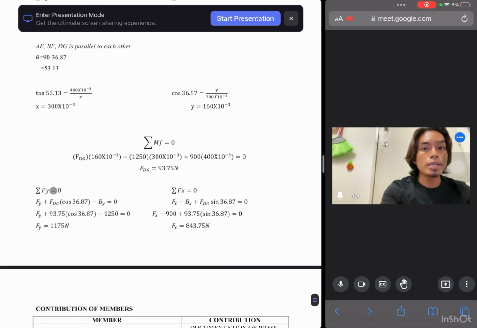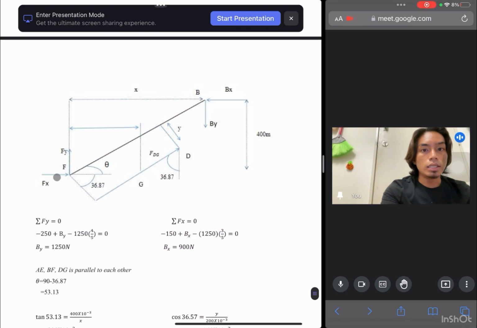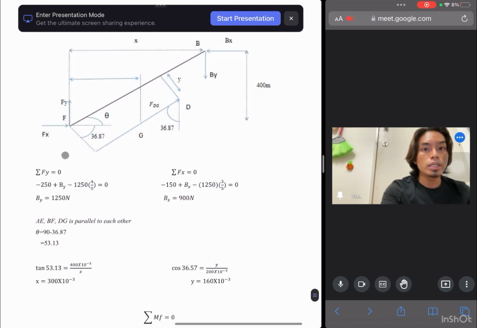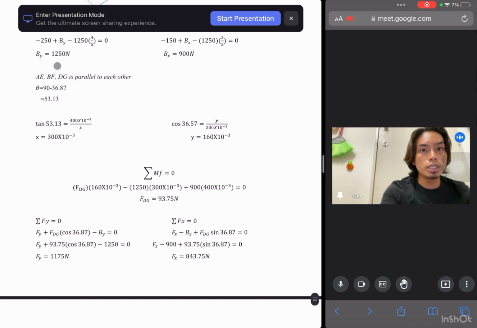For the Fy equal to 0 and Fx equal to 0, we can get the force at this point. So summation of Fy equal to 0 is Fy plus FDG cos 36.87 minus By. So FDG we get from here, By we get from this equation. So we can get the Fy is 1175 Newton.